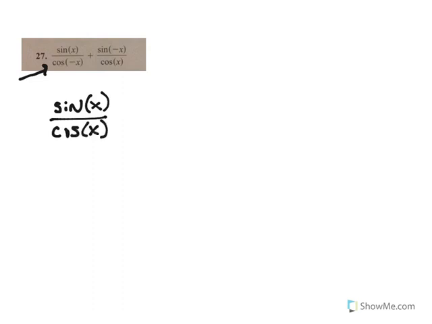So cosine will just become cosine positive x, plus the negative we'll take out of the sine, so negative sine of a positive angle, and cosine of a positive angle. So now all of our angle arguments are positive.